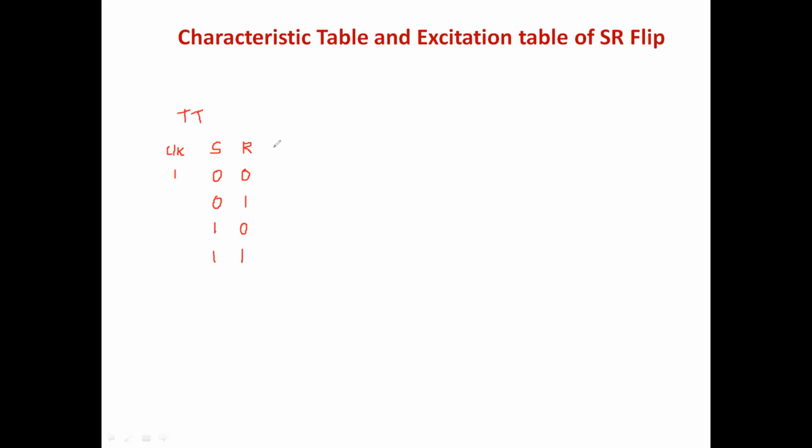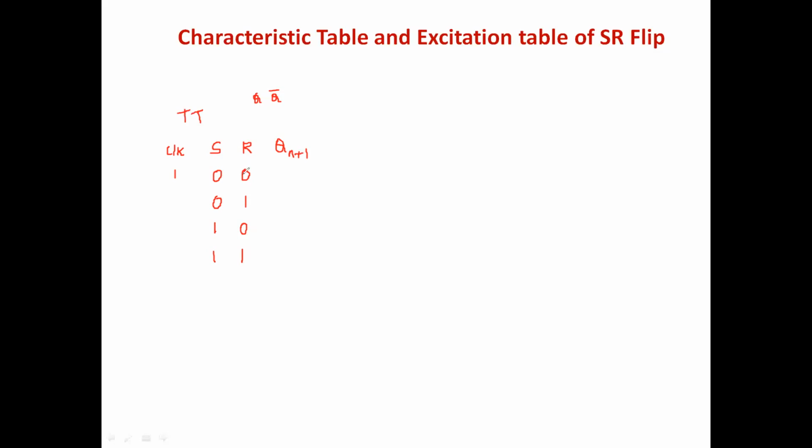For the outputs, Q and Q bar, I assume Q is the output of the next state, which I will take as Qn plus 1.